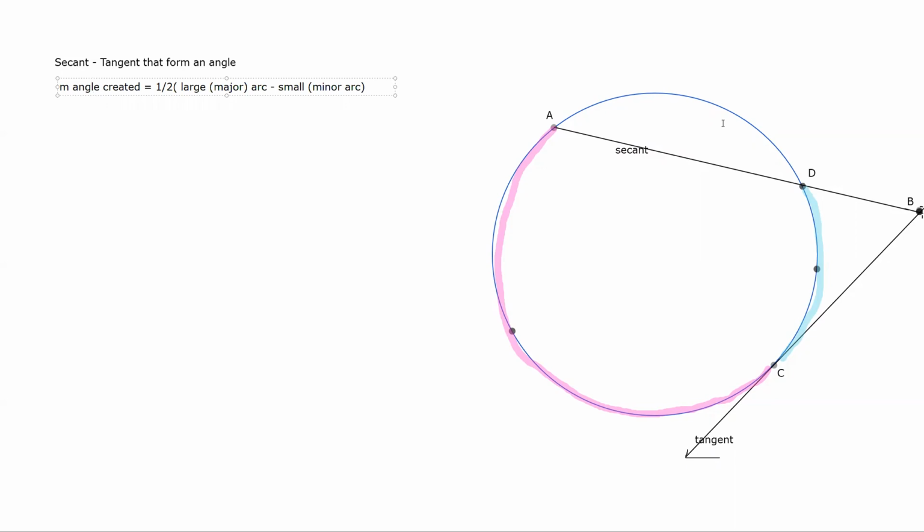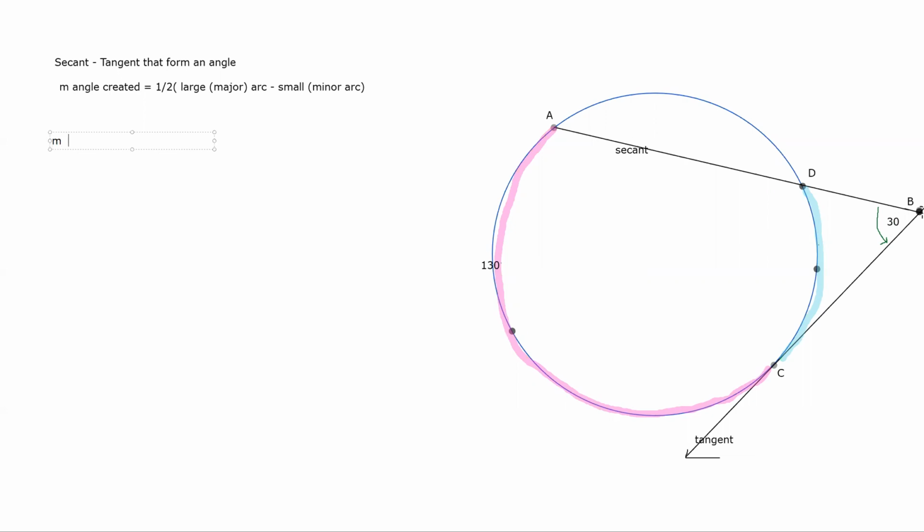This angle, angle B, equals the pink minus the blue. What if we're given the pink arc is 130 and we're given angle B is 30 degrees? So our formula is going to look like this.